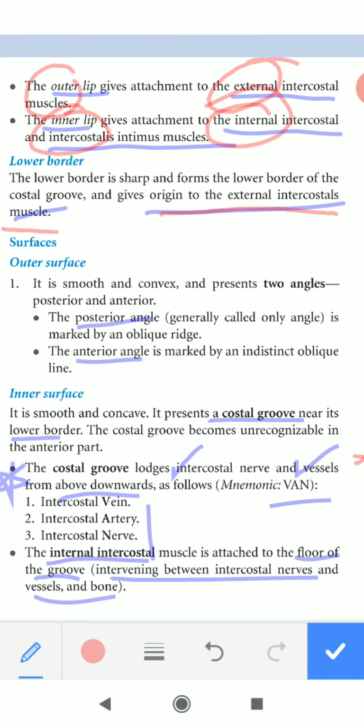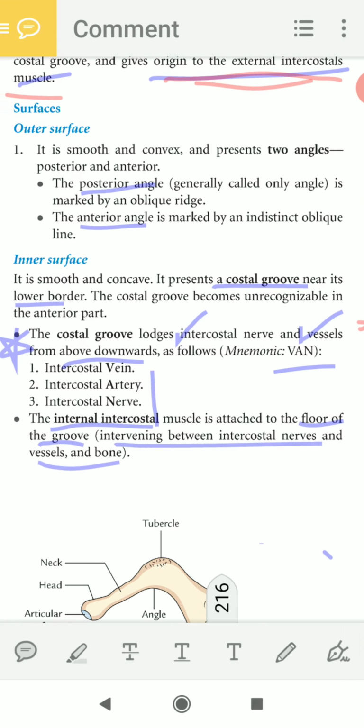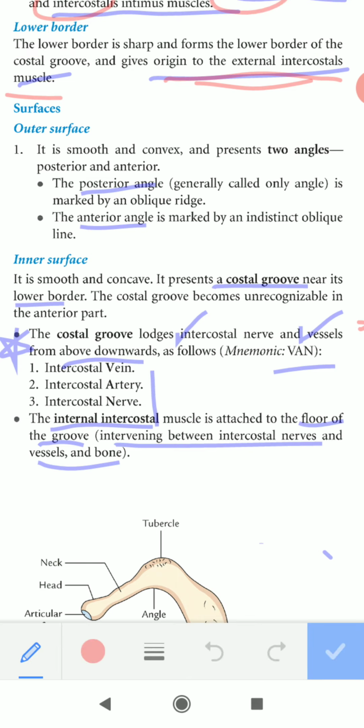Now come to the surfaces, the outer surface and inner surface. The outer surface possesses two angles, posterior angle and anterior angle. And on the inner surface, we already showed you in the picture, there is a costal groove near the lower border.